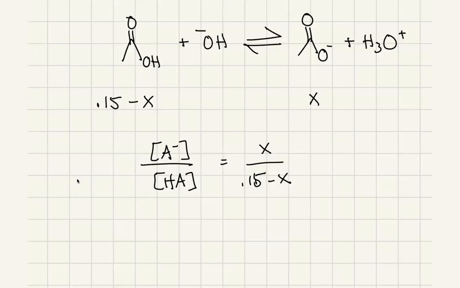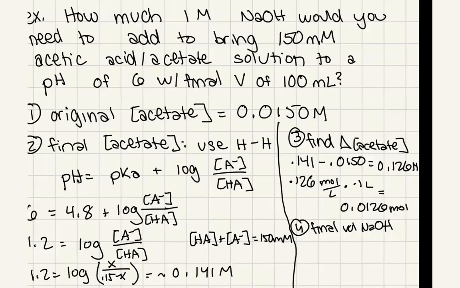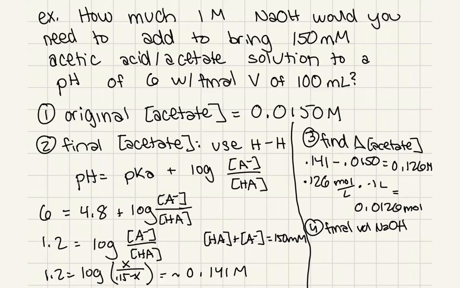This is telling us that the amount of OH that we need is 0.0126 moles of NaOH in order to change the pH enough that we're going to get it to the desired pH. So we need that many moles worth of the acetic acid to react after it's already reached its equilibrium. And so this is the amount that we need, this 0.0126 moles.